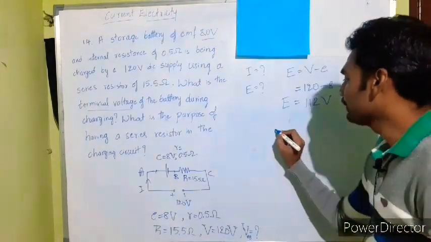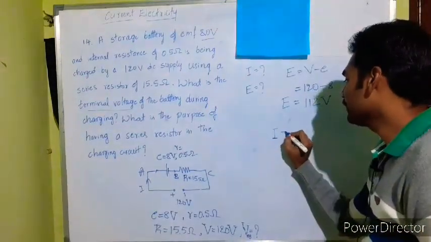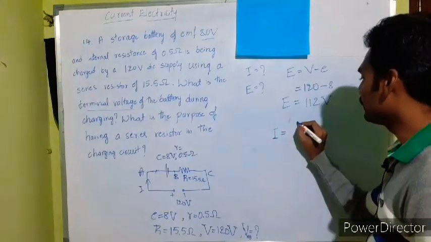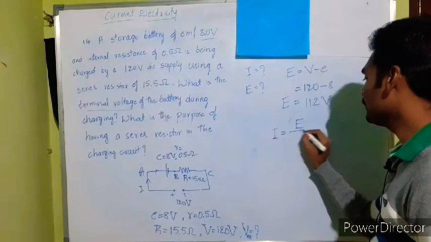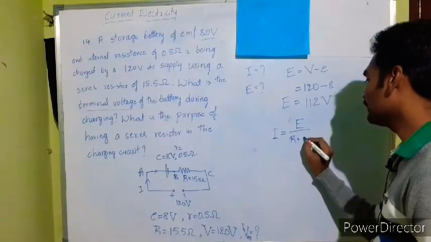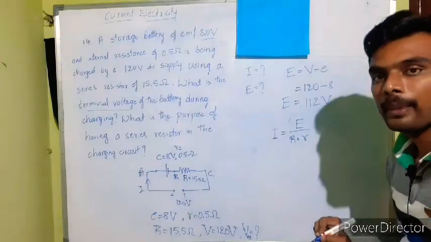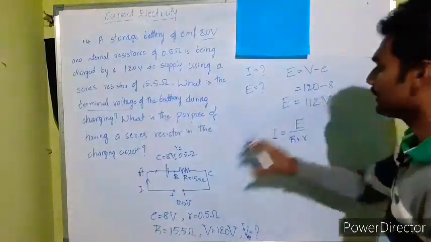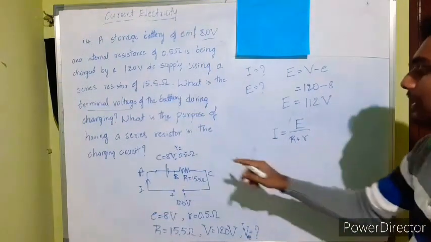What is the formula of I when we have a battery and EMF like this? It's I is equal to E by R plus r, the familiar expression. Now E is the effective EMF. Remember this, since we have considered the battery getting charged.